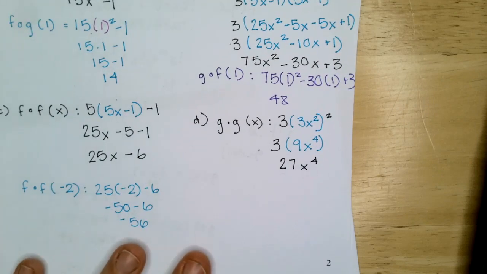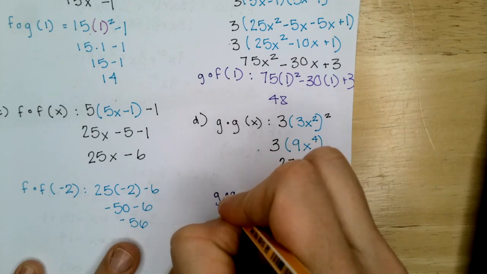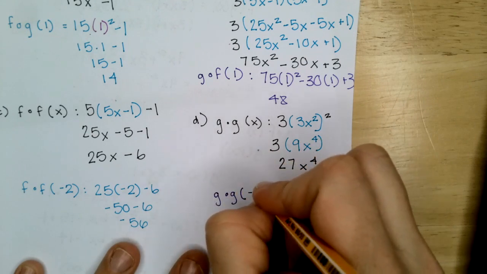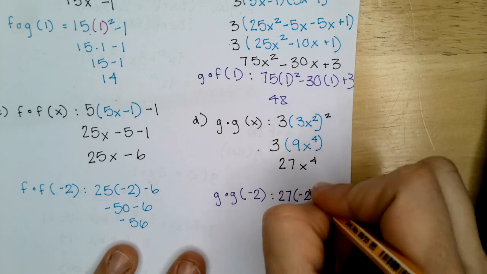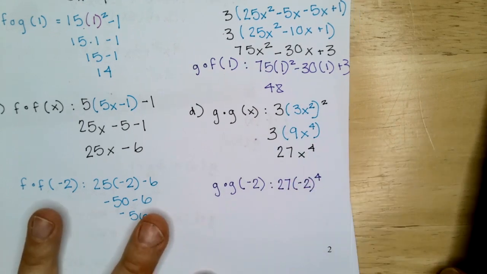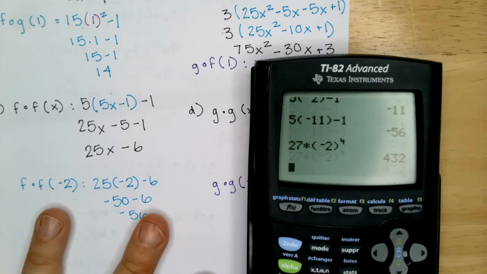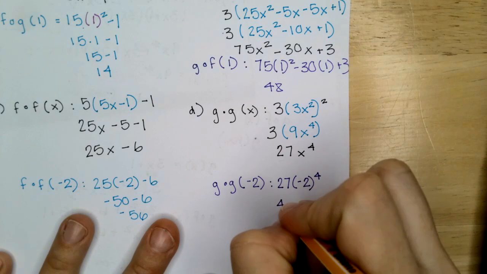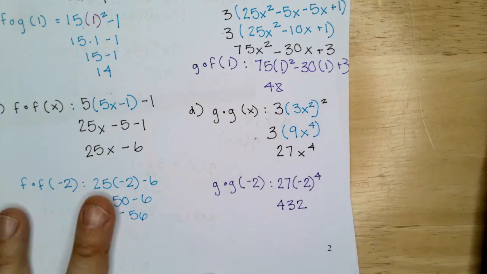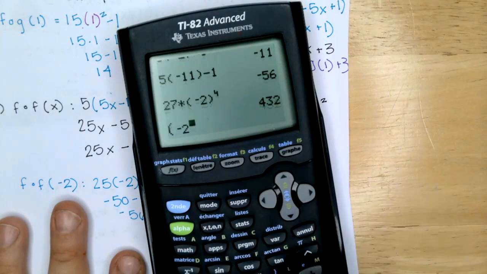Good? And then g of negative 2 becomes 27 times negative 2 to the 4th. Remember your parentheses.